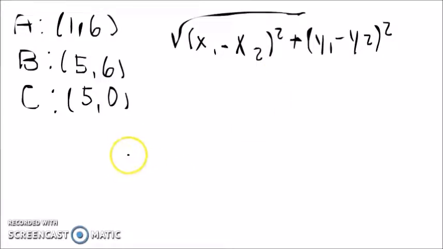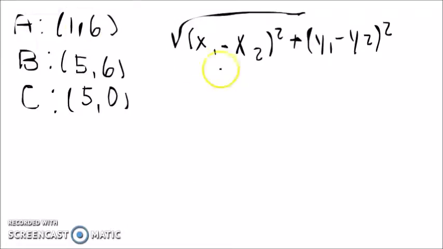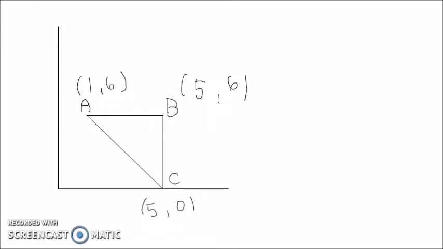So in order to classify this triangle, we will have to find the measurements of each side. So that's what we're going to do. Okay, let's see. So these are the x's and these are the y's. Okay, let's start off with AB.